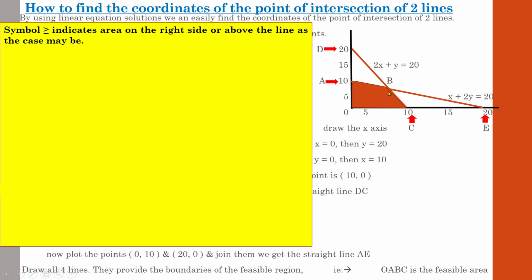Sometimes you get the figure in another style, where it is turned slightly to the right. In that case the area should have been here and here. Which side you have to draw is based on the sign given.